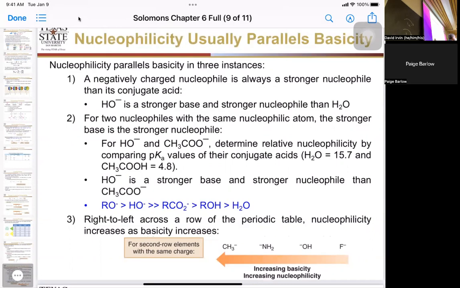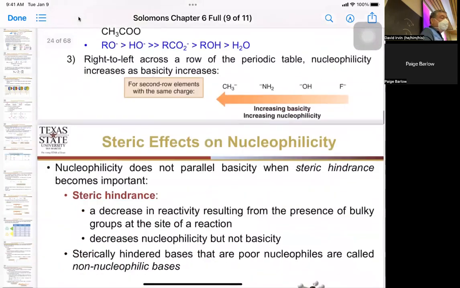So we're not talking about leaving group abilities. These would be horrible leaving groups, but guess what? Because they were bad leaving groups, they're great nucleophiles. Because they want to use those electrons to make that sigma bond. They really want to use that. So as we go across the row toward carbon, it increases nucleophilicity. And that's the opposite of leaving group, by the way.